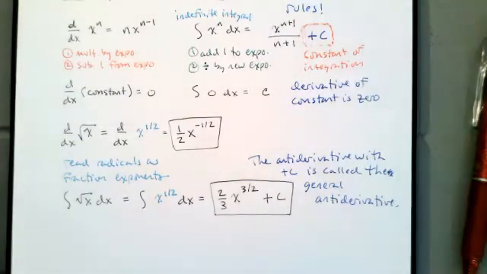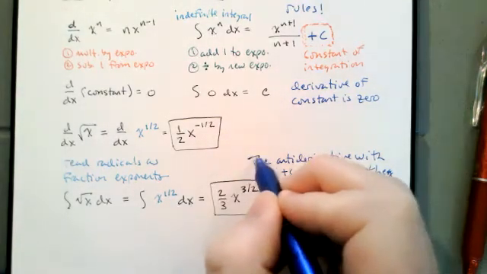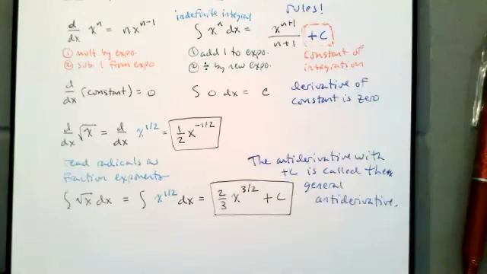So if I say find the general antiderivative, now you really need that plus c. On a related note, this plus c business is also the reason that in the fundamental theorem of calculus, we said things like capital F of x is an antiderivative of little f.